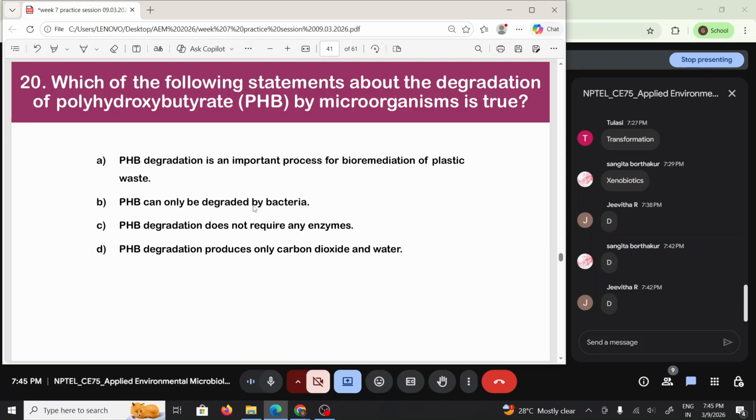Polyhydroxybutyrate is a pollutant. So, which of the following statements about the degradation of PHB is true?